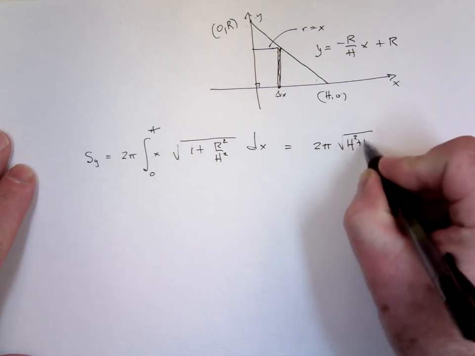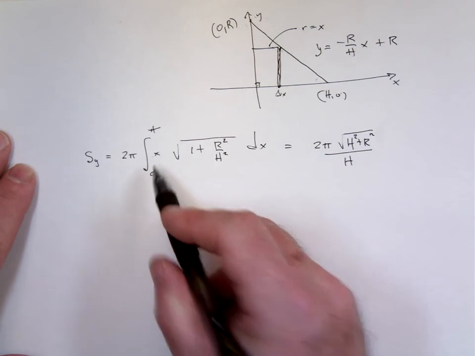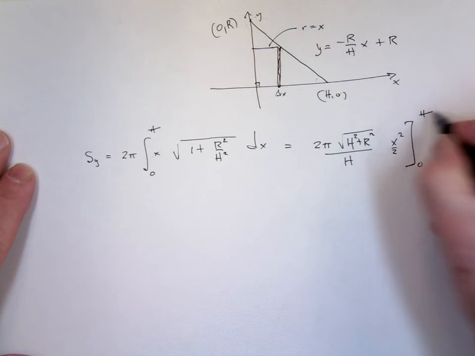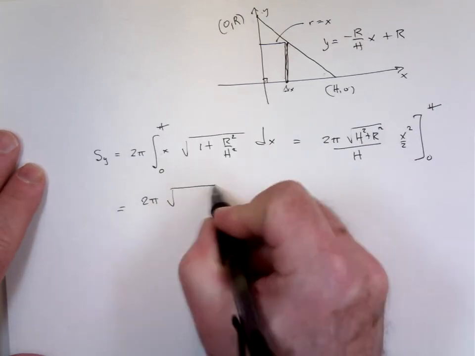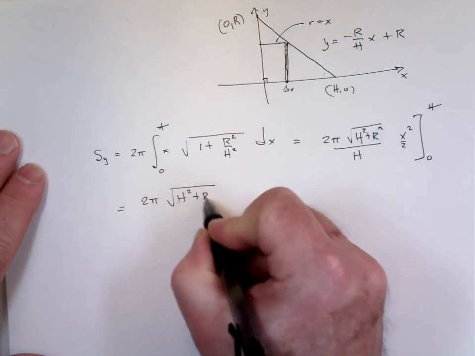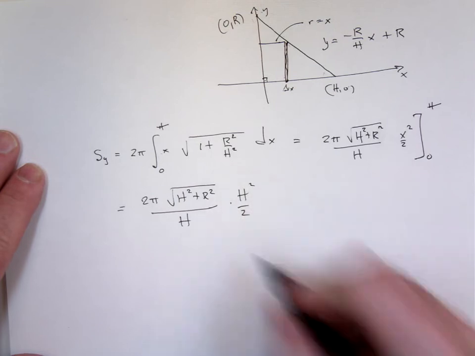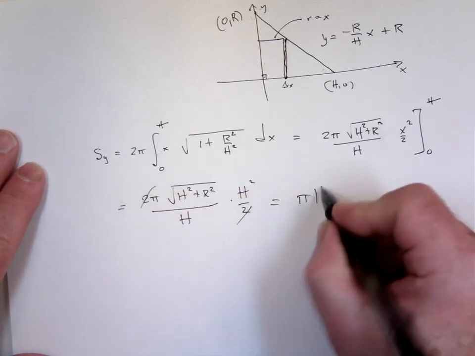The integral of x squared over 2, from 0 to h, we end up with 2 pi square root of h squared plus r squared over h times h squared over 2. The 2's cancel, the h's cancel, you get pi h square root of h squared plus r squared, which is what you would expect to get.